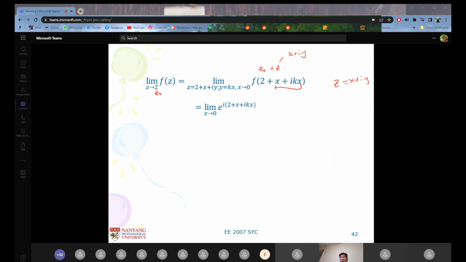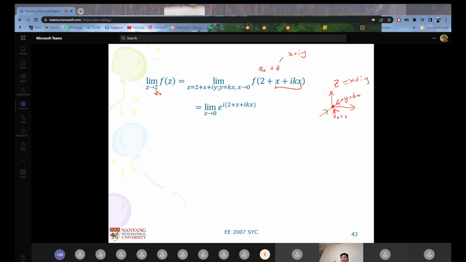And at the same time, this is a point 2, and I want to approach from these directions, y equal to kx. I choose this direction of approach to this z naught here. z naught is equal to 2. So the x and y are shifted with this z naught as the origin now.